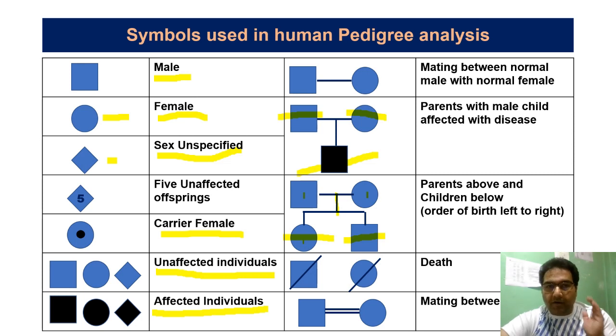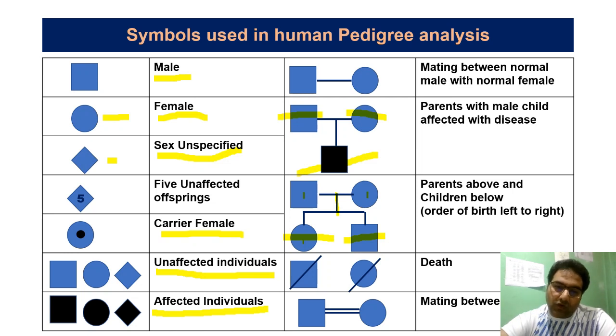So the offsprings are always presented from left to right, and we depict a generation by Roman numerals, whereas we depict individuals with Arabic numerals.